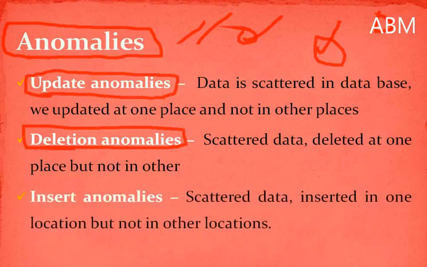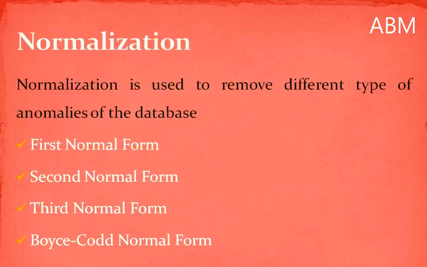And the next one is the insert anomaly. It is the same as the update and delete anomalies, that we insert the data in one table, in one location, but we don't copy it into the other location where the data is present, and this will be called the insert anomaly.